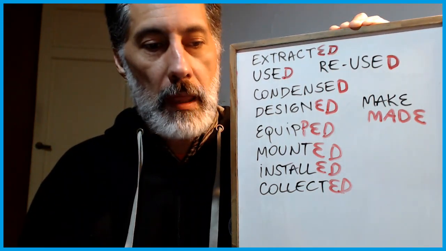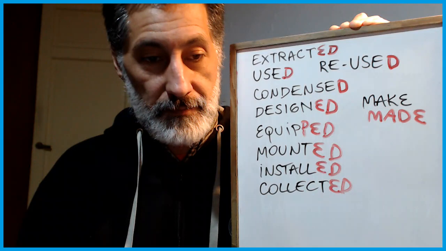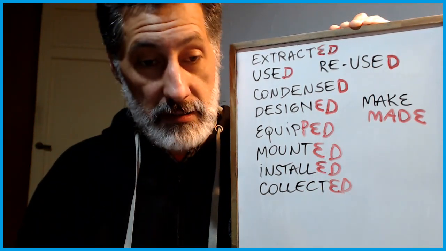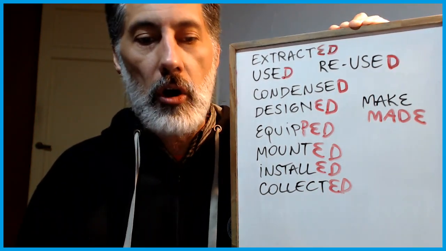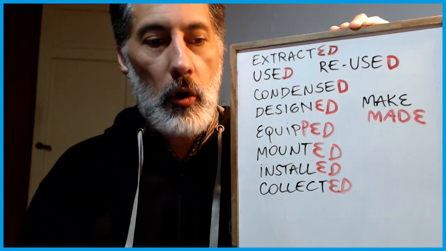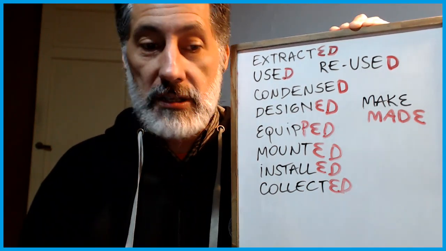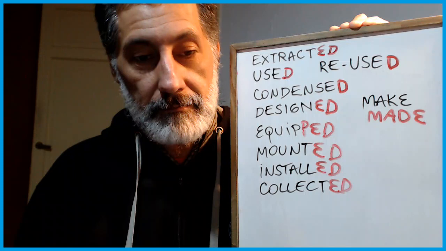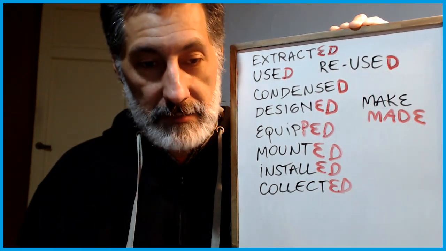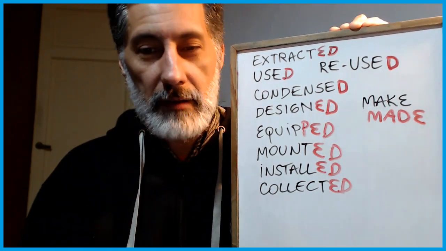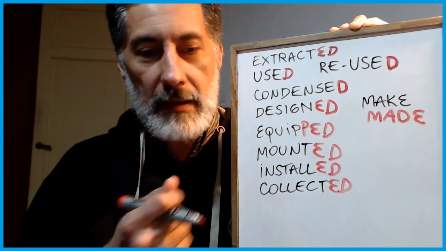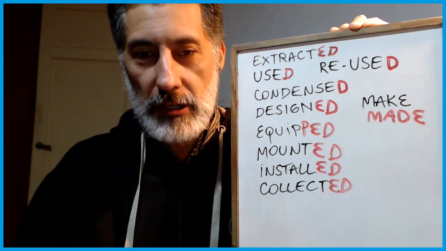Number 4. Auxiliary engines, together with alternators, are on a common bed plate. Auxiliary engines, together with alternators, are on a common bed plate. Le doy una ayuda. Bed plate sería el soporte, ¿no?